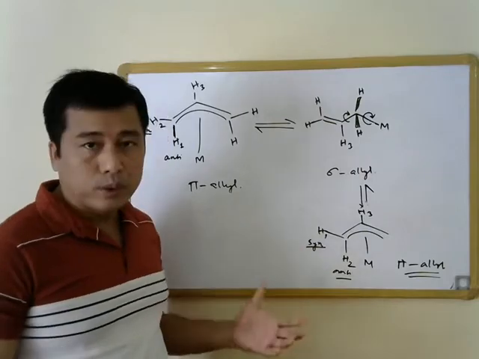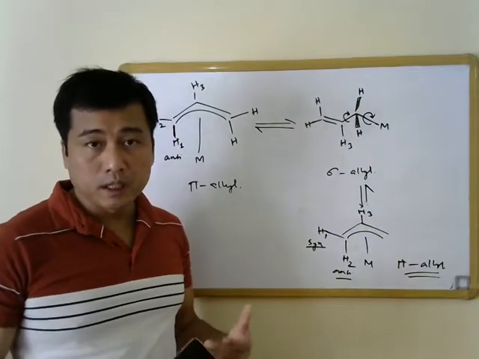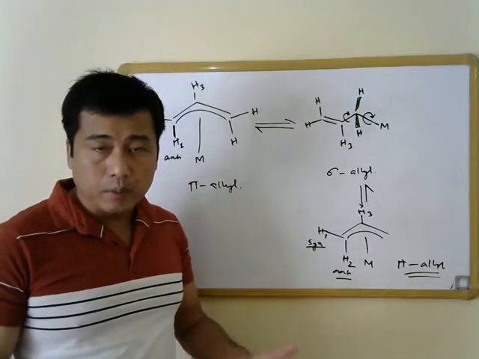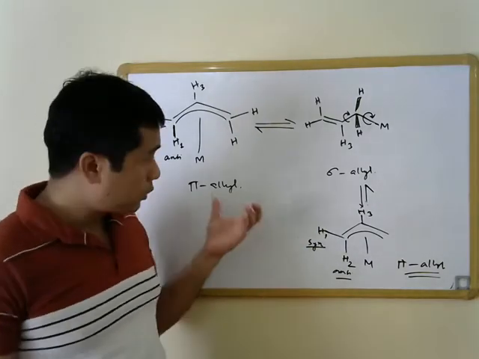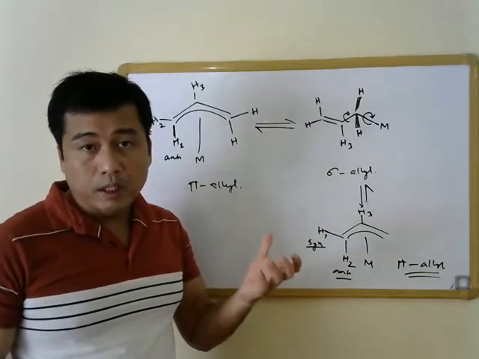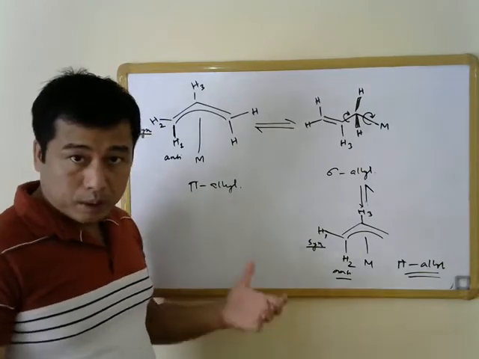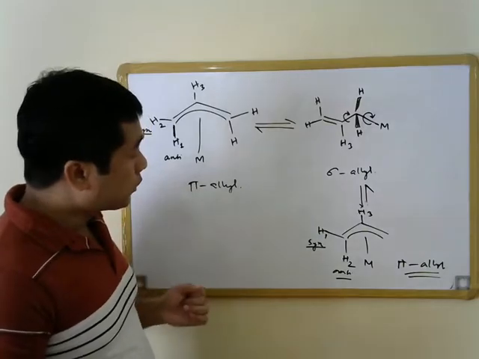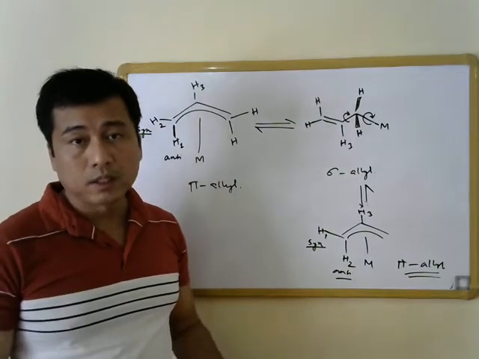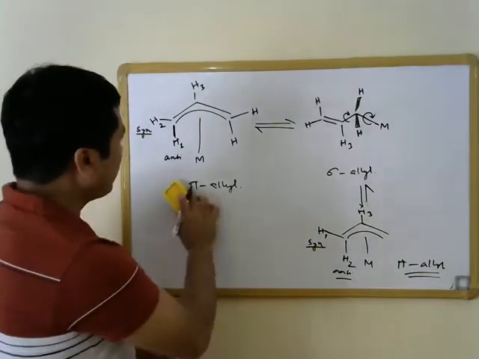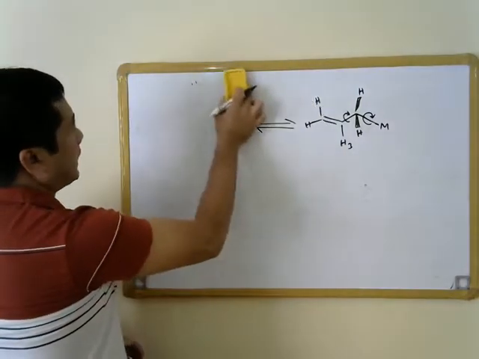If this pi-sigma-pi rearrangement is faster than the NMR time scale, that is, it happens in a time shorter than the time required to record the NMR spectrum, or one scan in the NMR spectrometer, then the hydrogen atoms on the terminal carbon atoms will appear as equivalent hydrogen atoms, and they will not appear as two different signals; instead we will see only one signal.